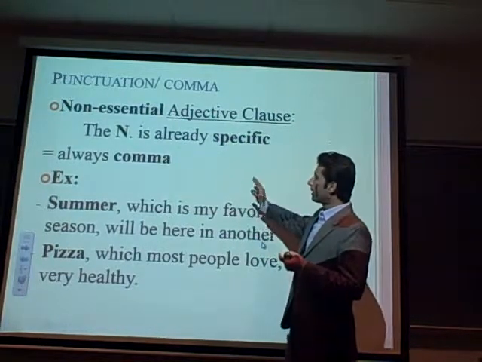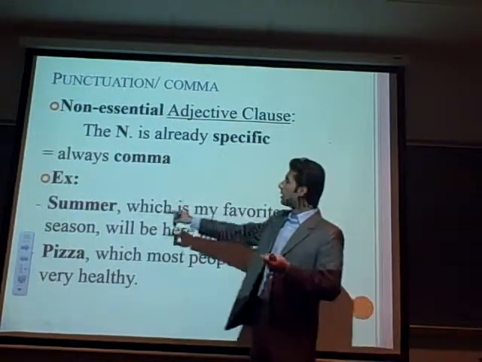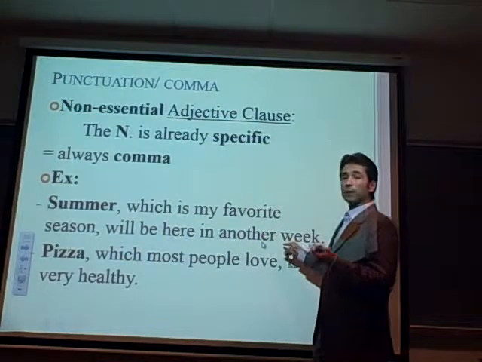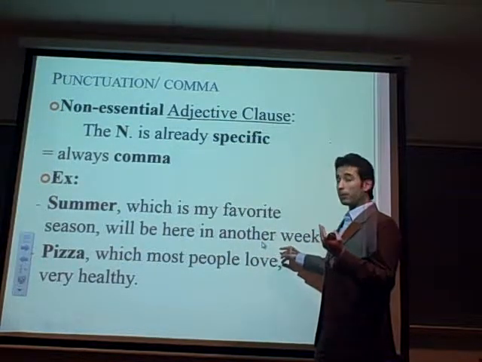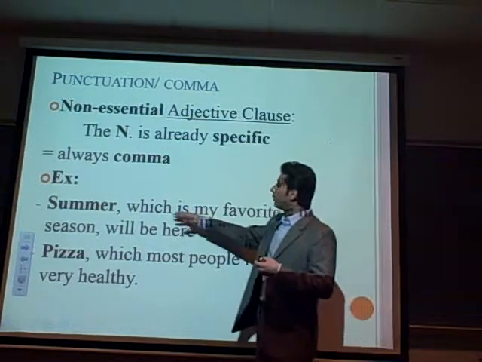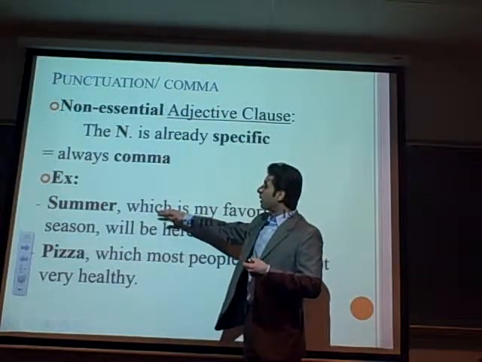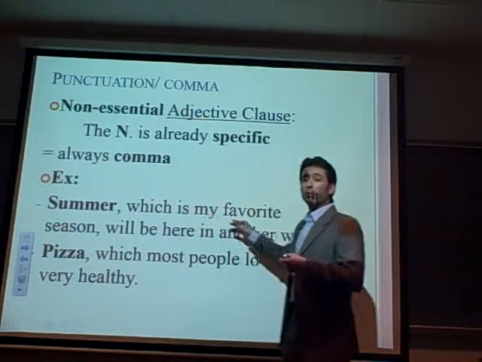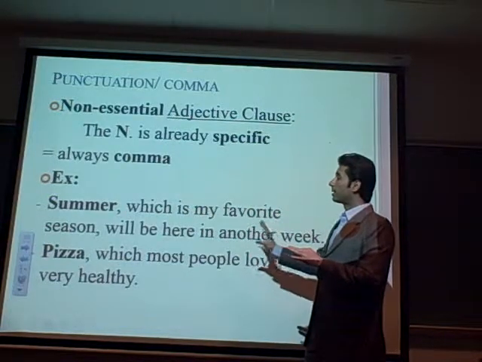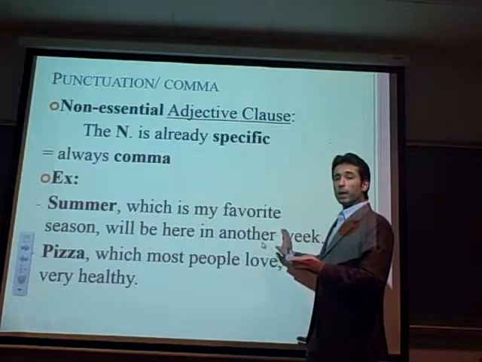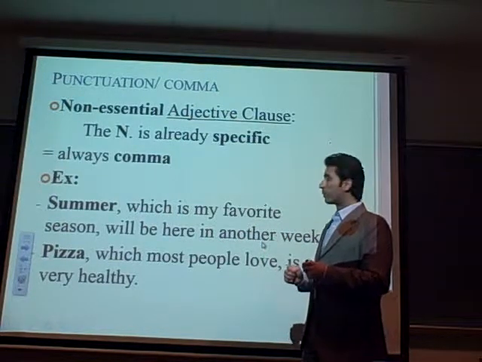If we take this out of the sentence, summer will be here in another week, it makes sense. It gives a complete idea, complete meaning. While if we keep it as extra information, we can take it away and keep the sentence without it, and we still have a meaningful sentence.